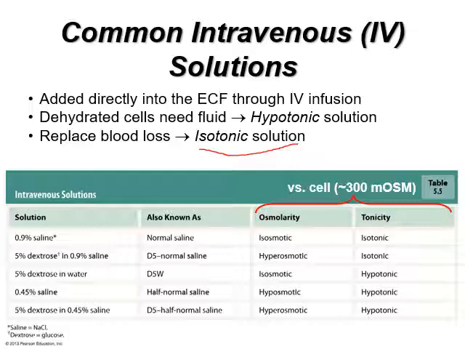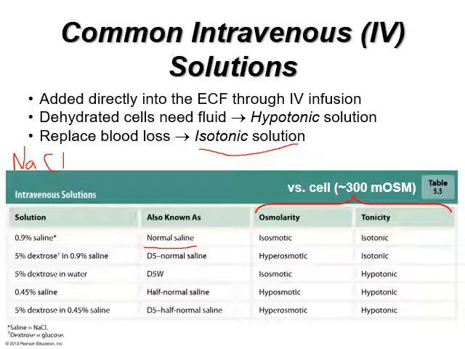So looking at some of the common IV solutions, we can look at one known as normal saline. Saline, remember, NaCl. Saline is a solution of water and salt, NaCl. That is what saline stands for.